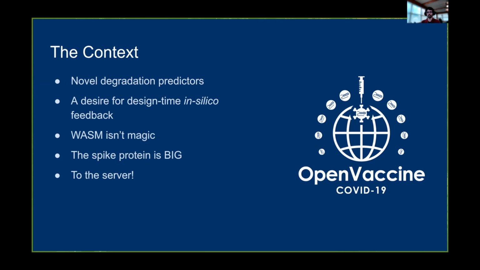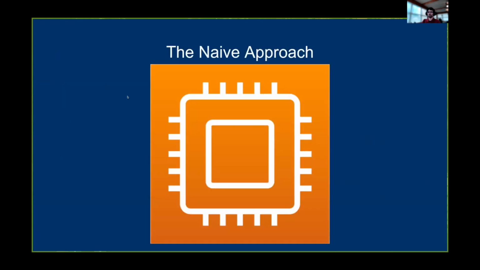And so as we thought about it, what we decided to do was to look at moving these computations server side. The naive approach for how to do this would be to just get one very large server and put a web server on it, and all of your individual browsers would be making requests to this server, and it would do all the computations.